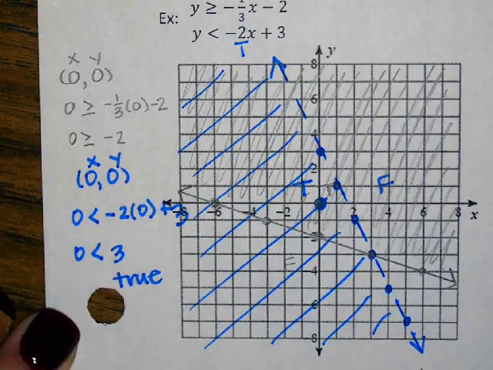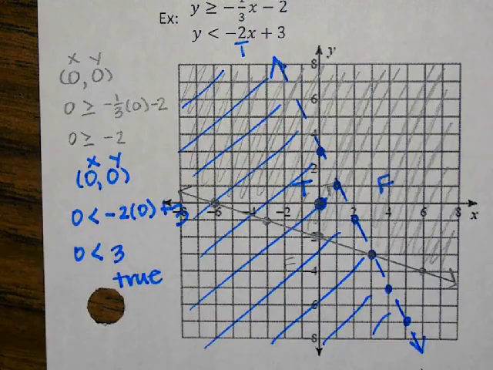Okay, so now this brings us to what is the solution to a system of inequalities. On Friday, we were learning what's the solution to a system of equations. A system of equations was two lines, and if you have two lines, then when they cross, you get just 1 point.